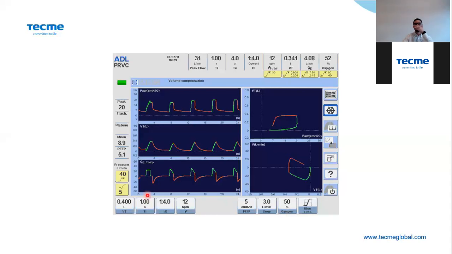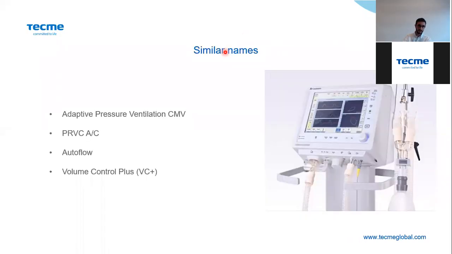And the important thing here is to set the pressure alarm limits correctly, in order to avoid delivering high levels of pressure to the patient. Similar names: adaptive pressure ventilation, PRV-CAC, autoflow, or volume control plus, VC plus, okay? Perfect.